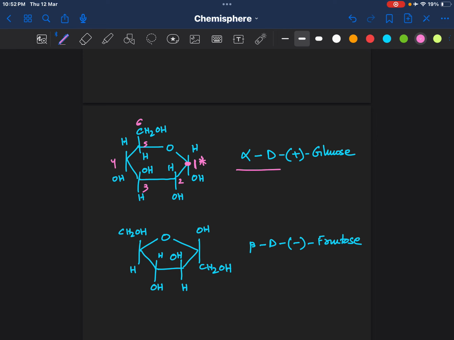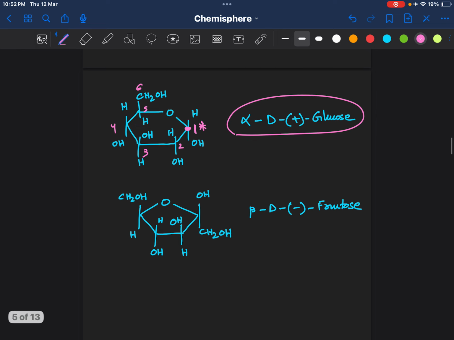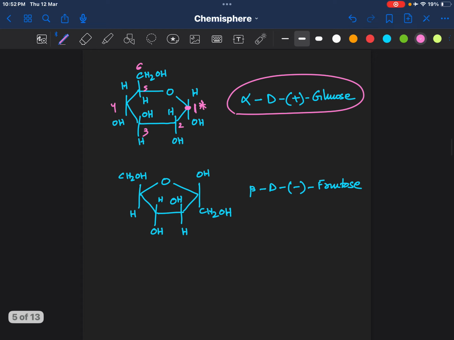Similarly, we have beta D fructose. I will give the numbers 1 to 6, and here the second carbon is the reducing center, the ketonic group existing in hemiketal form. So these are some of the prerequisites to solve the question.